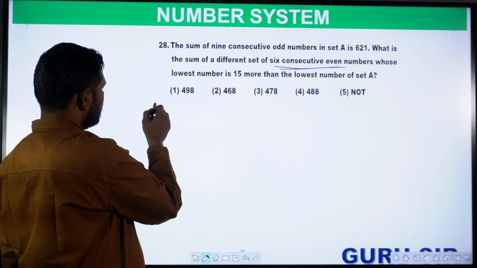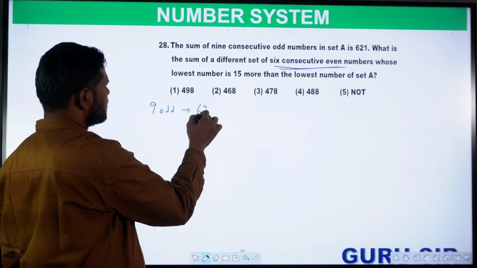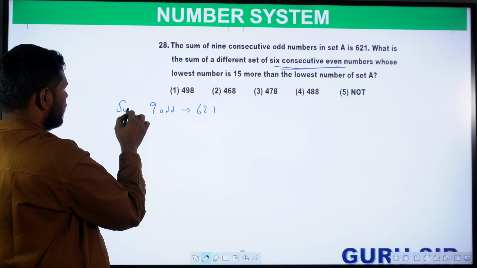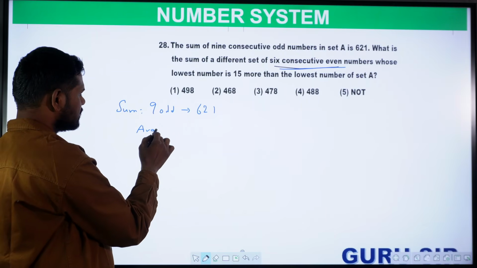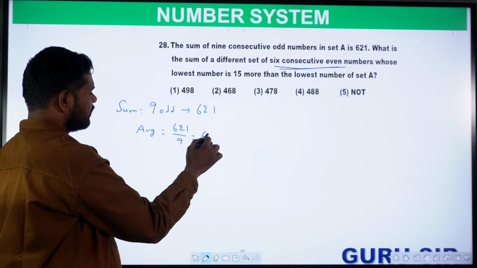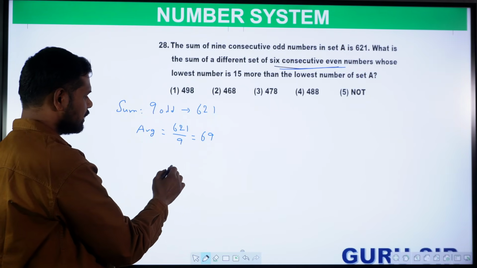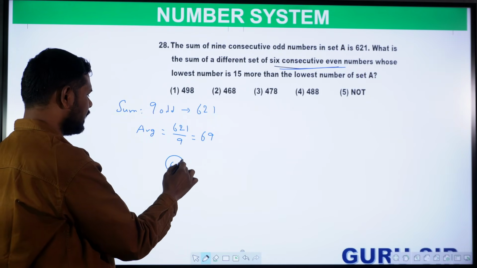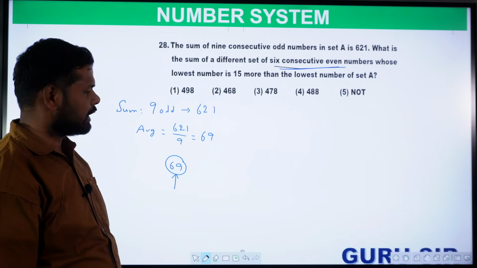Suppose there are 9 odd numbers with sum 621. The average is 621 by 9, which is 69. That 69 is the middle of all 9 numbers, since the average always stays in the middle.